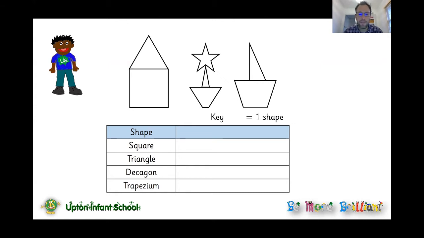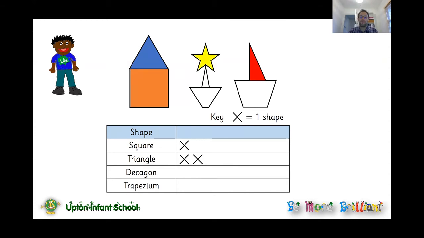And for this pictogram, we're just going to use an X to show how many of each thing there are. So let's see, how many squares can we see? There's 1. Yeah, that's the only square I can see. So I'm going to put an X there to show that there's a square. Now, how many triangles are there? There's 1. So I need an X for that. And there's 1. I need an X for that.